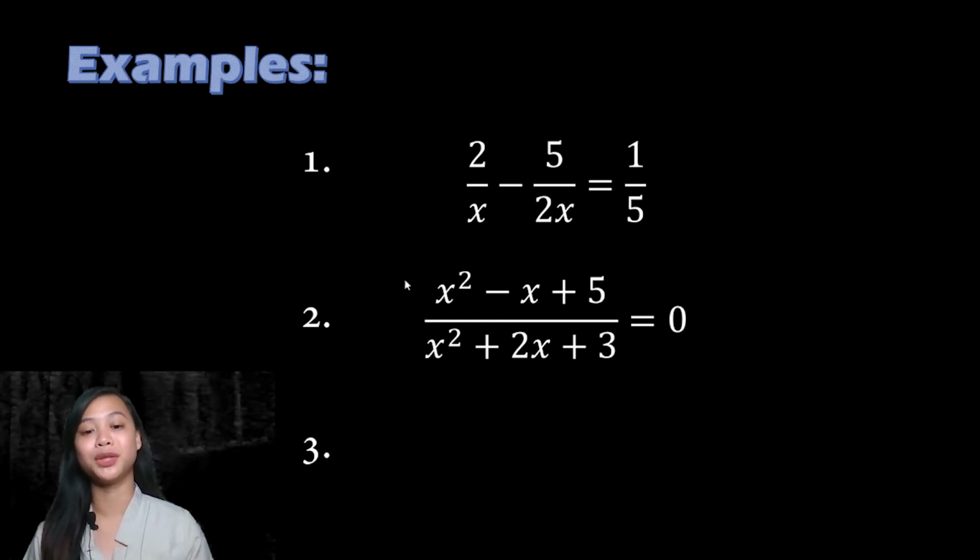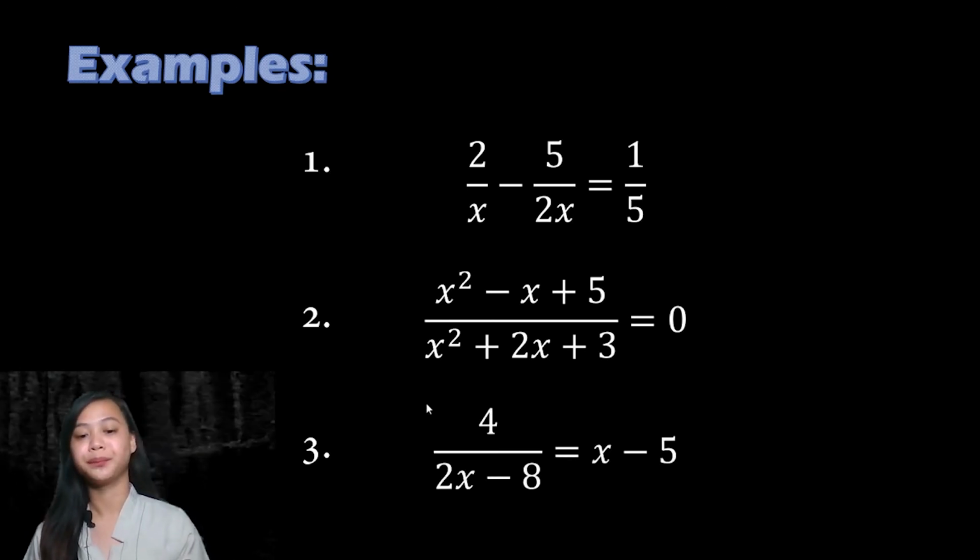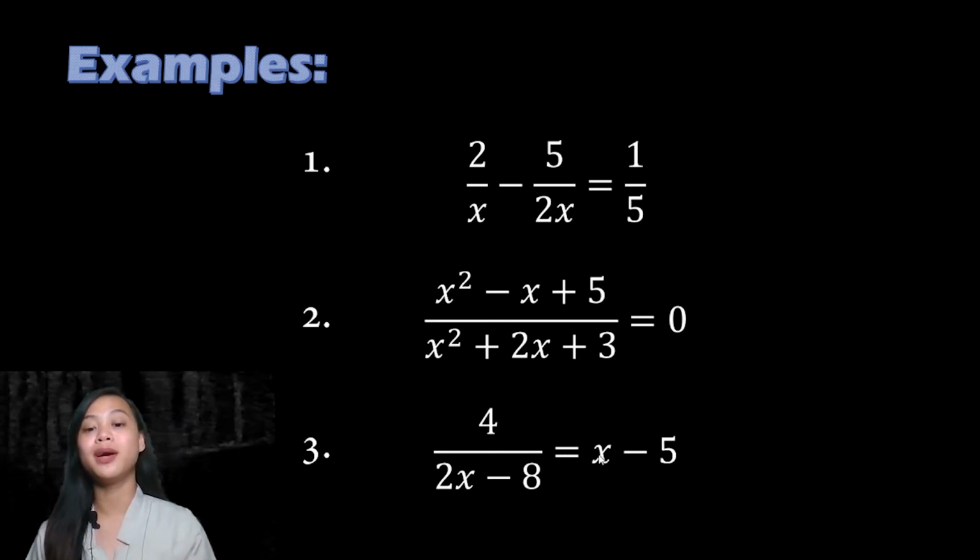So this is an equation that is equated to 0. Another one, we have 4 over 2x minus 8 equals x minus 5. So this involves a ratio or a fraction of polynomial expressions, and also a simple polynomial expression.